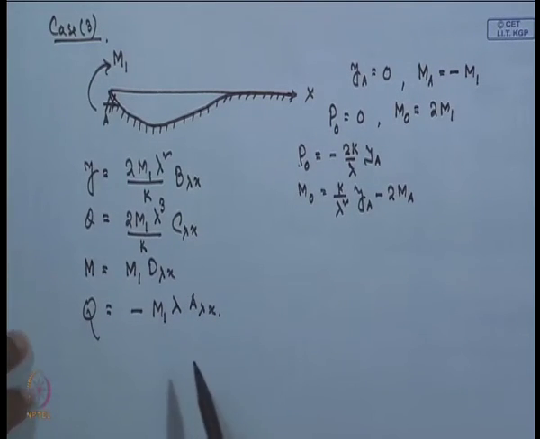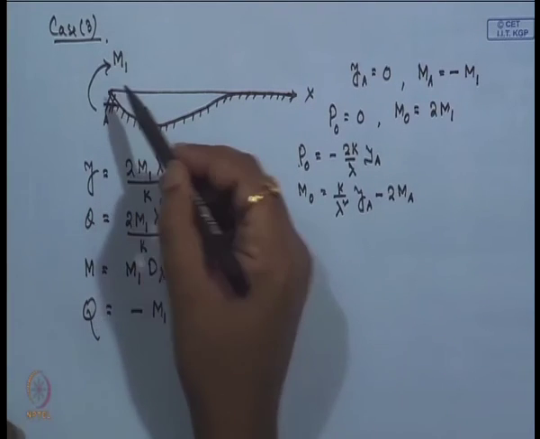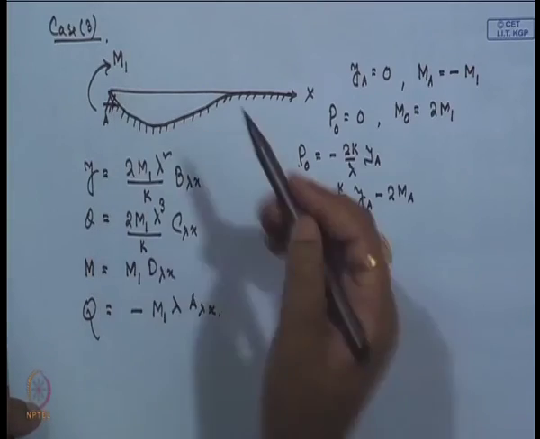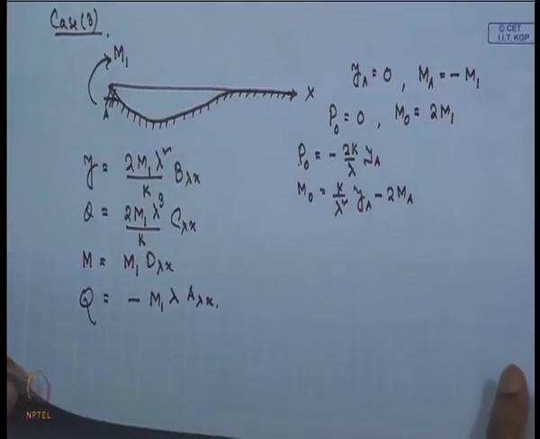So, this is case 3, where we consider a hinged end and apply a concentrated moment m 1, that is the hinged end semi infinite beam.